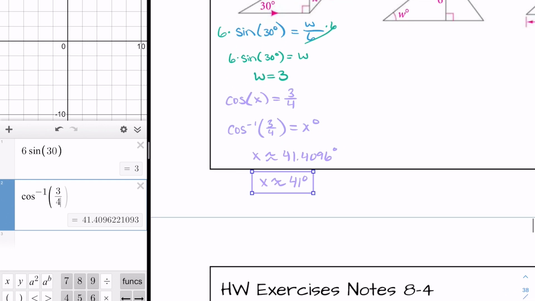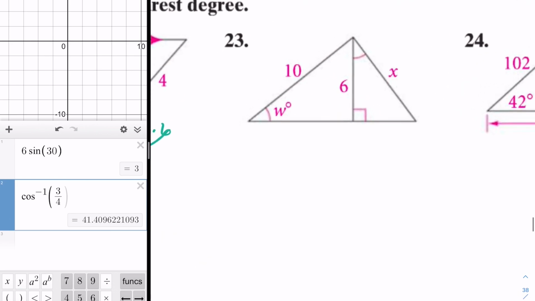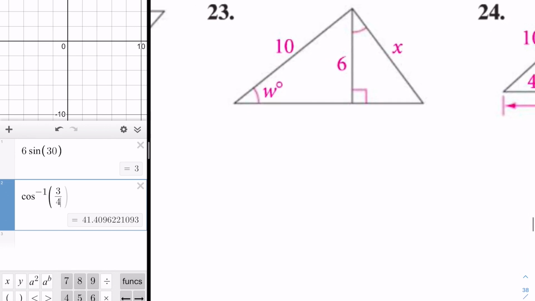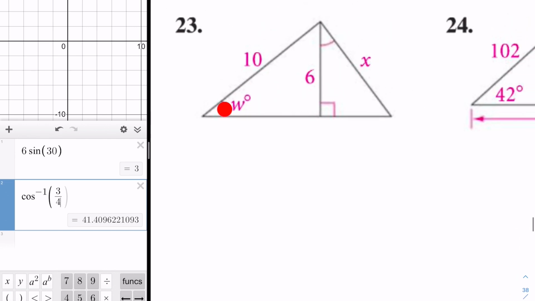All right, and w is equal to 3. Not too bad. All right, now for this one. Whatever w is, it's the same as this angle over here, so I can use it right over there.